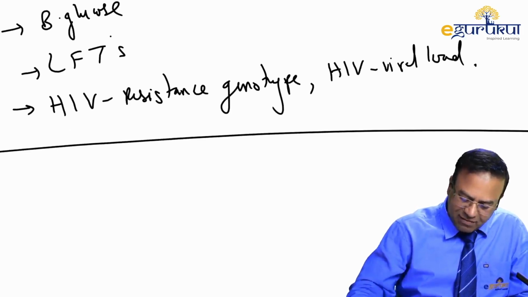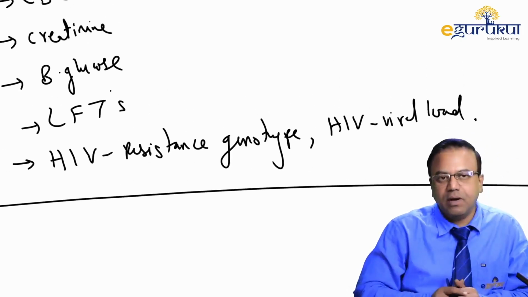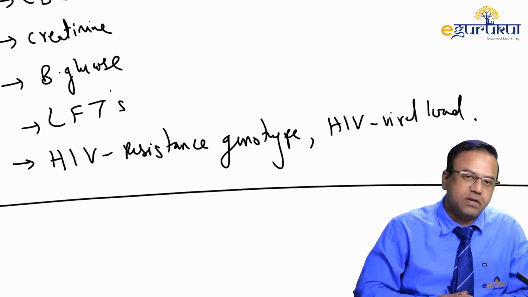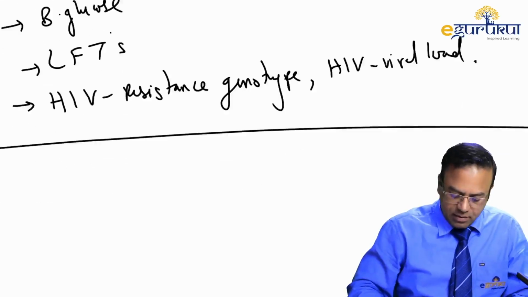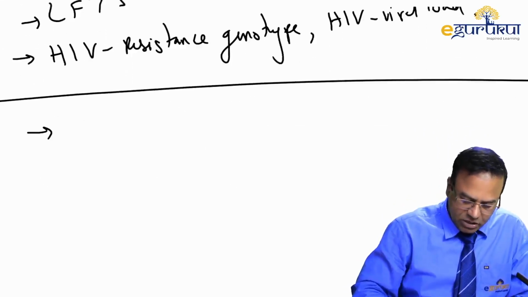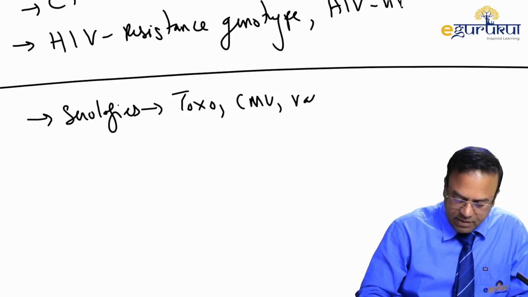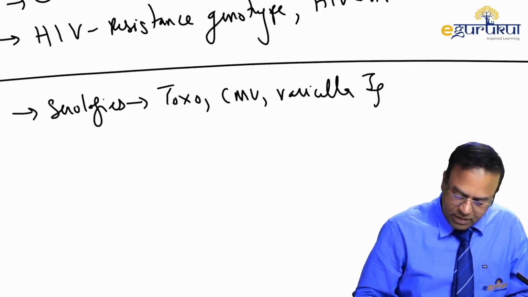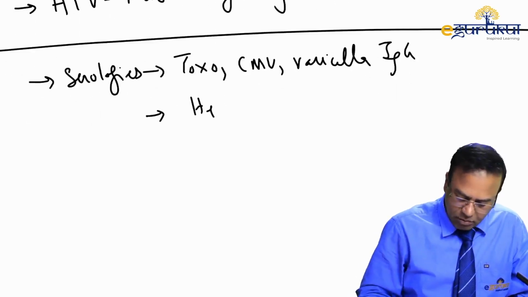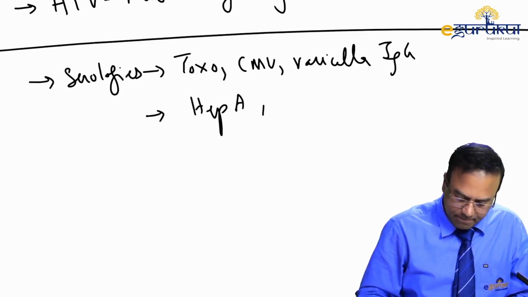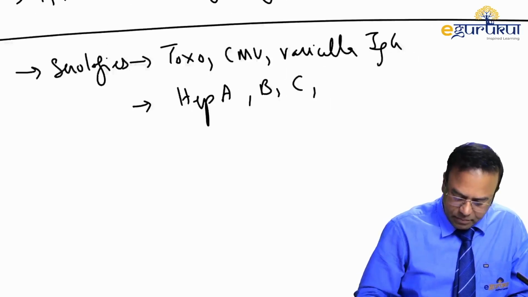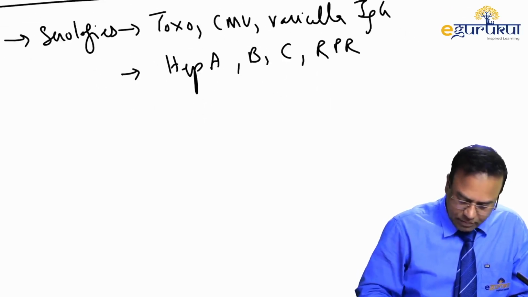Now the other investigations, you don't have to do it in the same visit. Subsequently in the future you can get other investigations which include serologies against toxo, against CMV, against varicella, okay, varicella IgG, rule out hepatitis A, B, hep C, okay, syphilis, then get a urine analysis done.